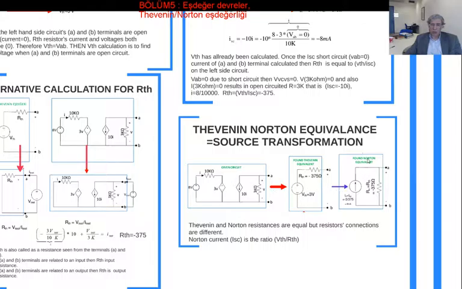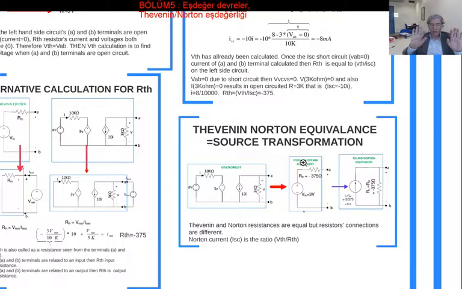The source transformation converts this independent voltage source to a current source. The current of this independent current source is 3 over minus 375, which gives you that current, and the series resistor is going to be in parallel to our independent current source here. That is source transformation, which is at the same time the Norton equivalent circuit of the original circuit.